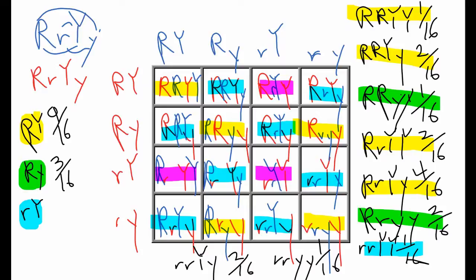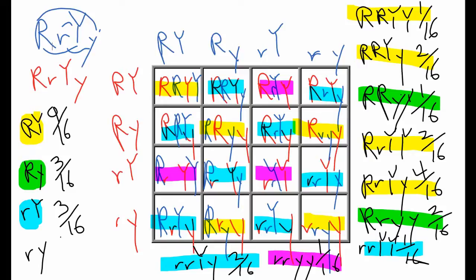And this one looks like that, and this one looks like that. So that is 3 out of 16. And you can have wrinkled green seeds. And this is the only one that looks like that. 1 out of 16.